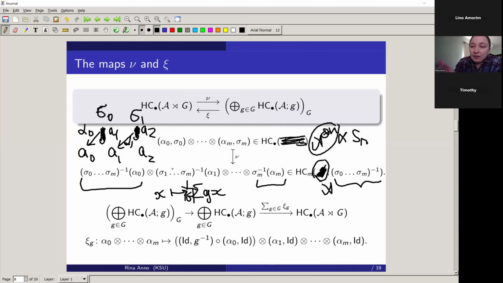Then we apply a map that sends every chain to a chain where we apply this element to alpha 0. So we get essentially g inverse alpha 0, comma g inverse, and then the other alphas don't get an element of the group: alpha 1 identity, alpha 2 identity, and so on. These maps are mutually inverse homotopy equivalences.